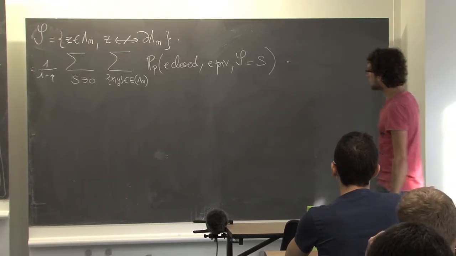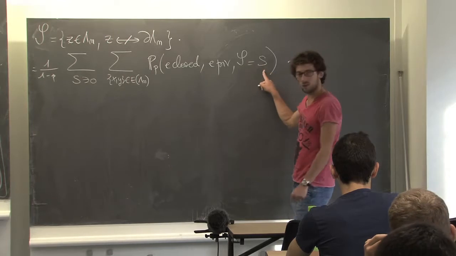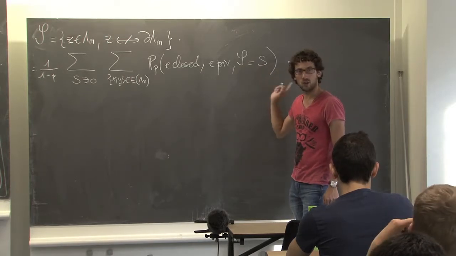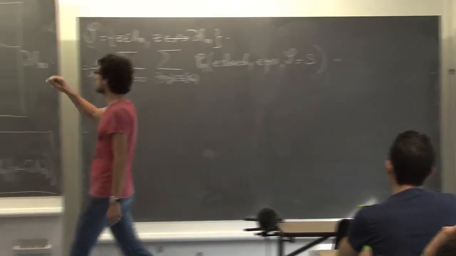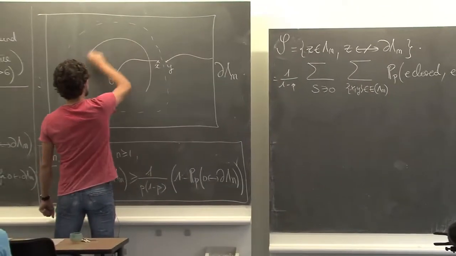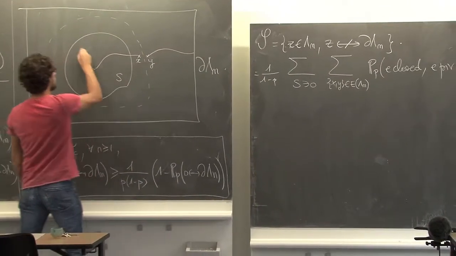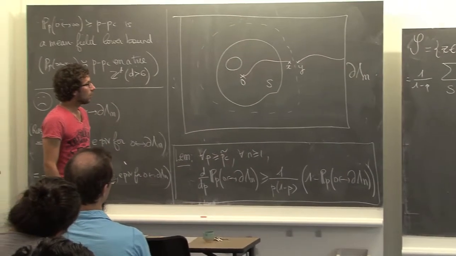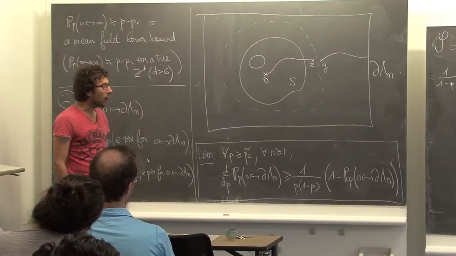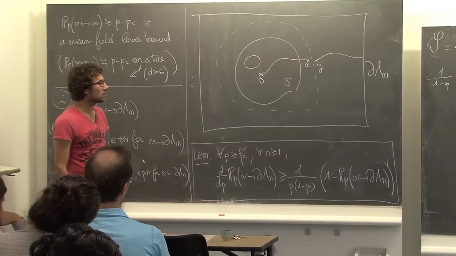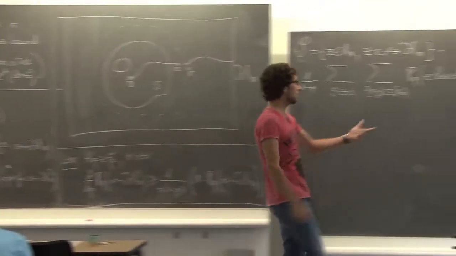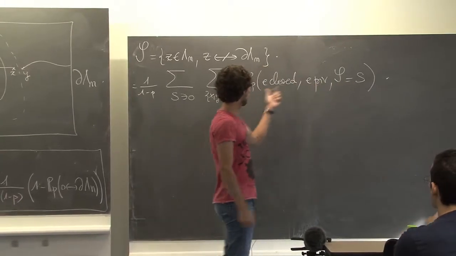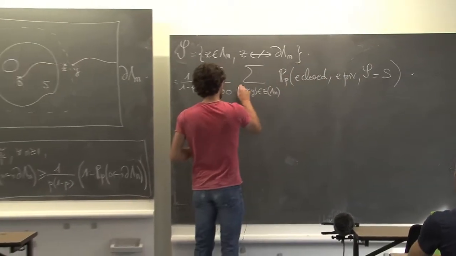Okay, but now I know that the set of points which are not connected to the boundary is a certain set S. Let's call it S like that. Maybe it has holes, I don't know, but it's a set like that. What are the possible xy satisfying that, if I know that S is equal to S, the edge xy, so E is the edge xy.